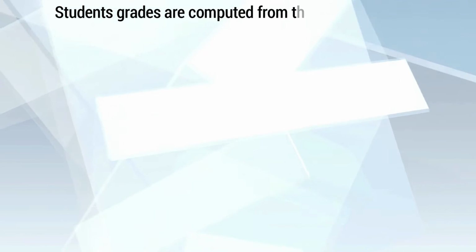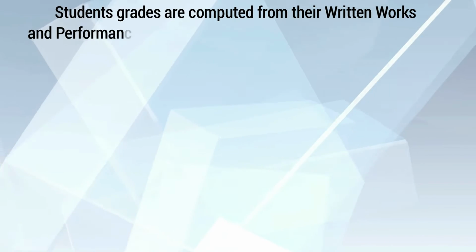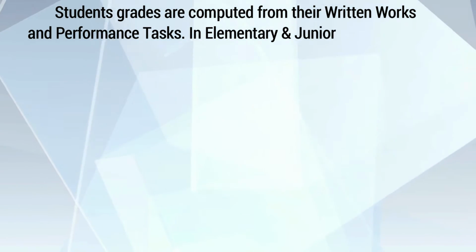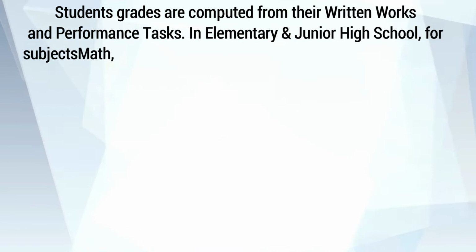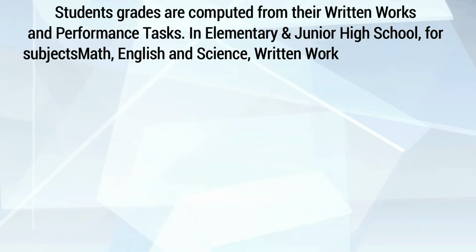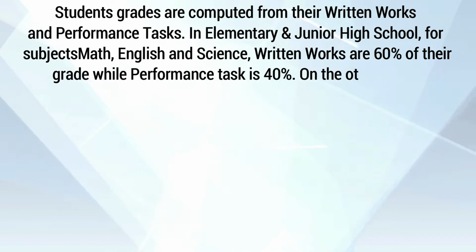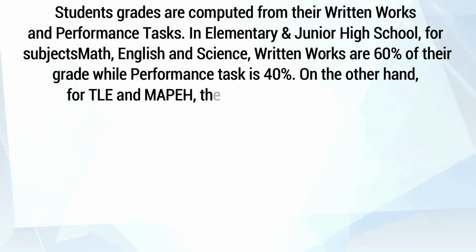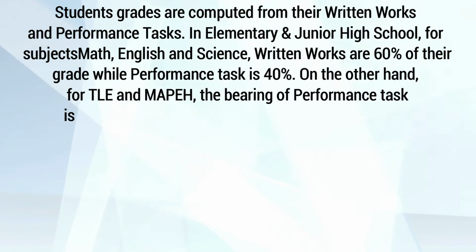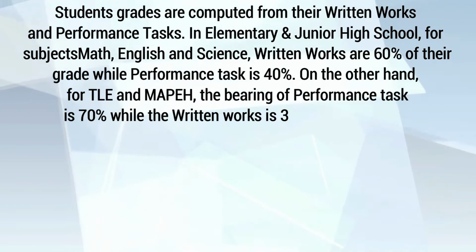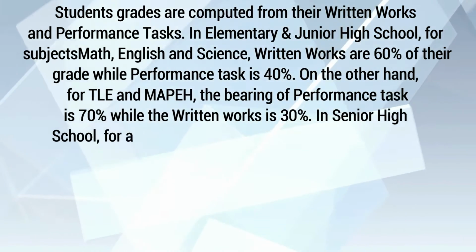Students' grades are computed from their written works and performance tasks. In elementary and junior high school, for the subjects math, English, and science, written works are 60% of their grade, while performance tasks are 40%. On the other hand, for TLE and MAPEH, the bearing of performance tasks is 70%, while written works are 30%.